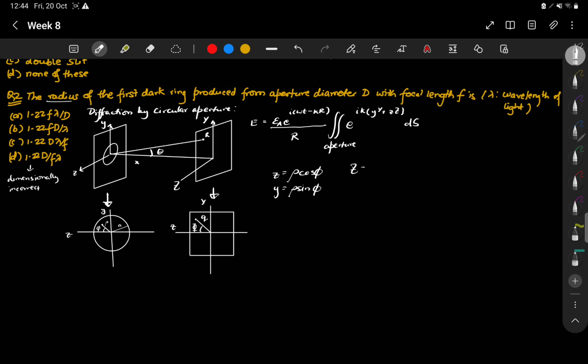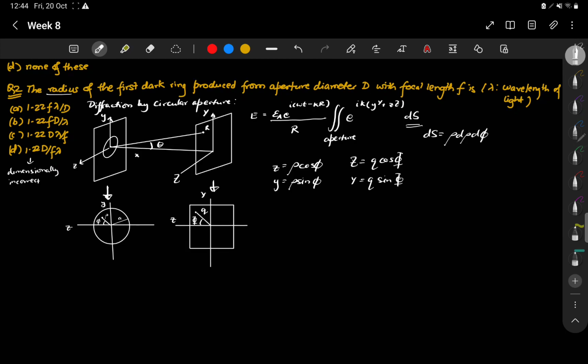Similarly, capital Z is Q cos capital phi, and capital Y is Q sin capital phi. Also, this area element ds is rho d phi. This we know from polar coordinates.